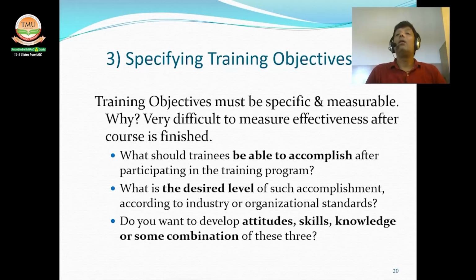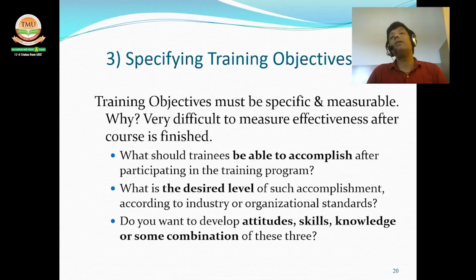I've taken all those important aspects which are to be considered by an owner or HR manager while designing training programs for the company staff. What should trainees be able to accomplish after participating in the training program? What is the desired level of such accomplishment according to industry or organizational standards?